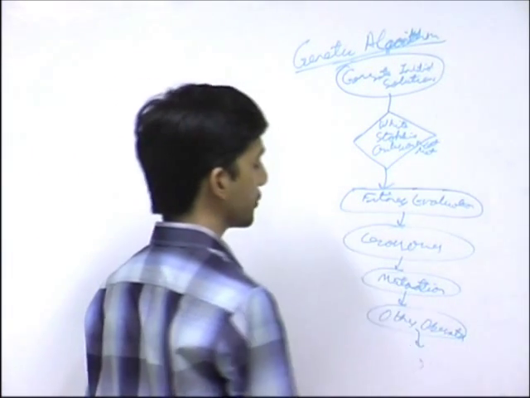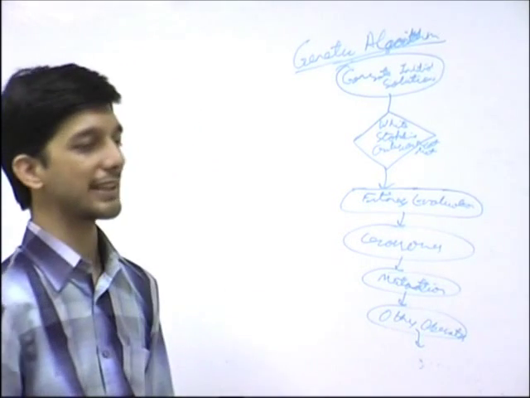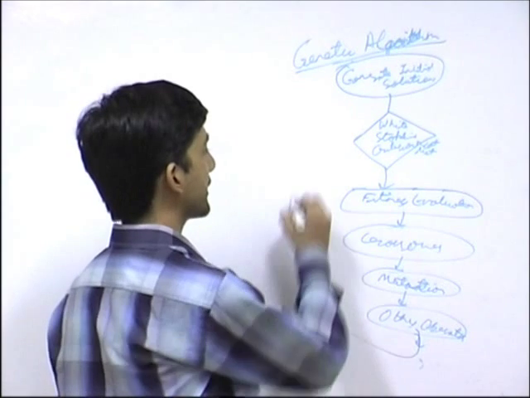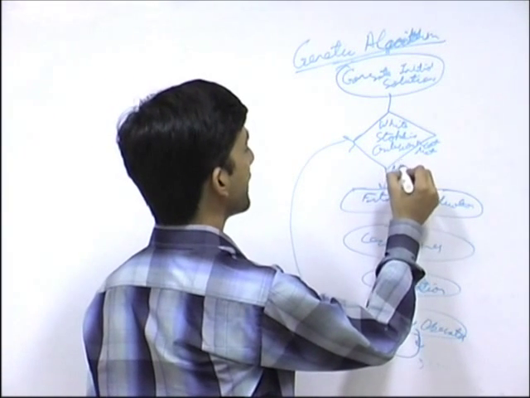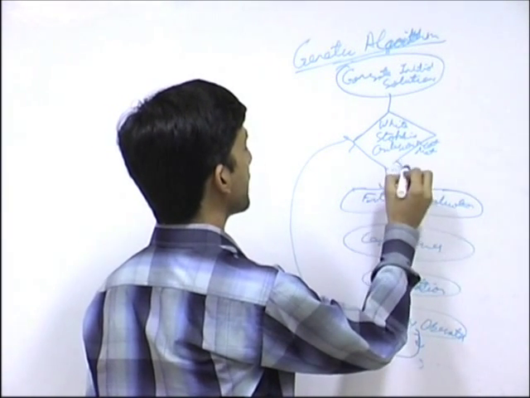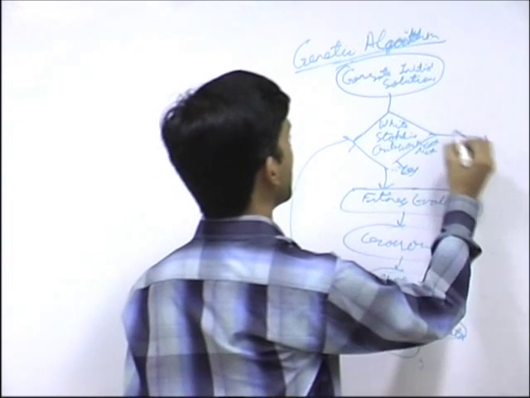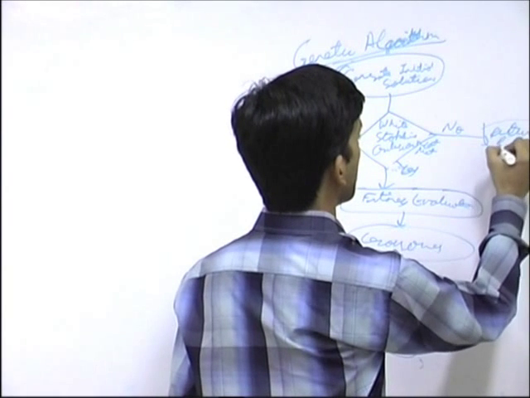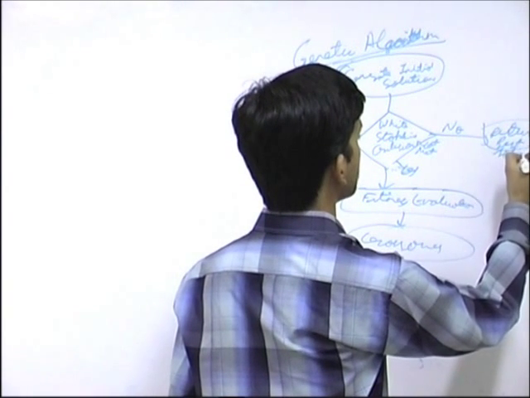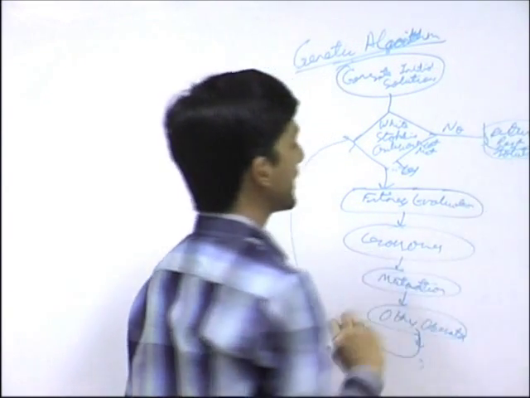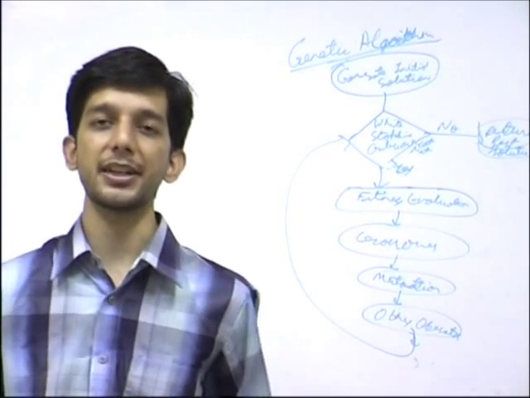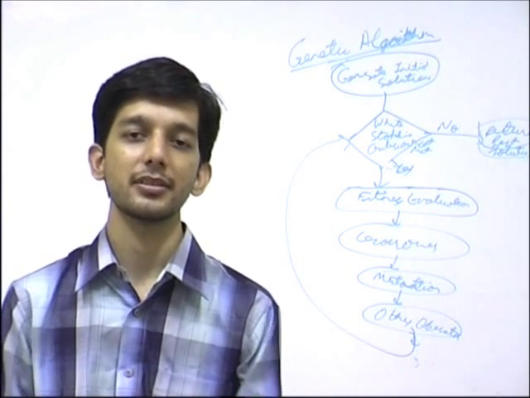So after all these evolutionary operators, basically I've got the next generation. So I execute this loop: while the stopping criterion is not met, yes, and when it has been met, I simply return the best solution. So that's entirely what my genetic algorithm is all about.